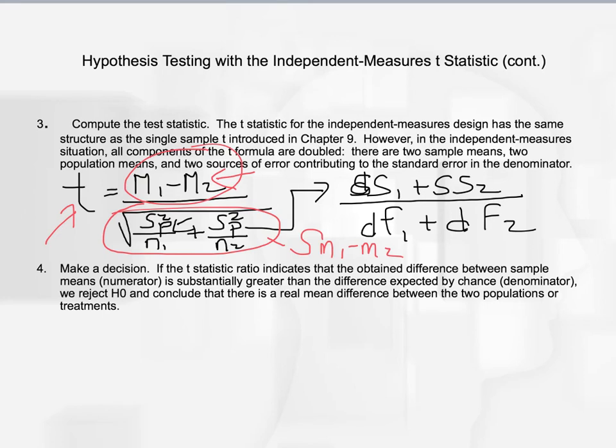Our numerator is that difference between the two means. We have to divide by, well, what is the typical difference that we expect from two means when we have two groups? But because the group sizes in many cases are different, we have to weight the variances of each group. That's what this complicated looking denominator does.